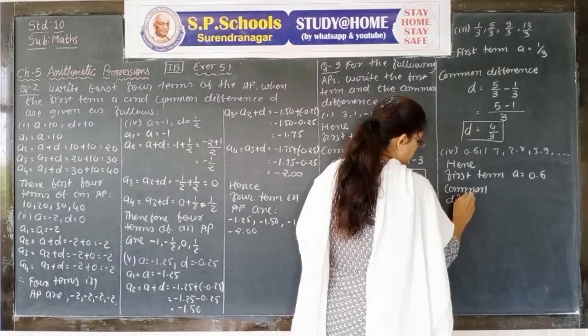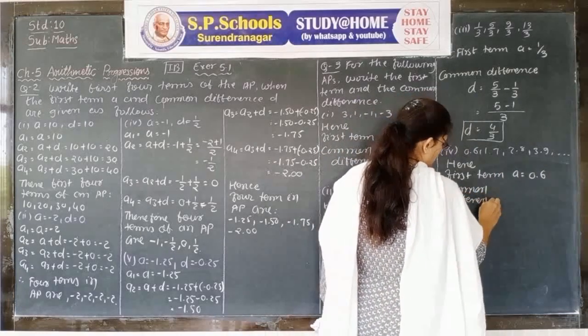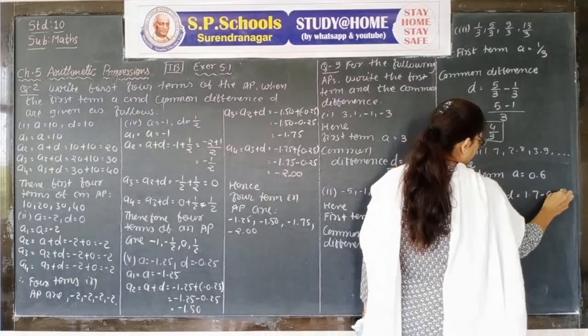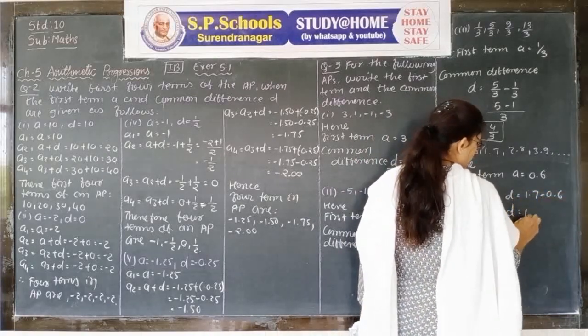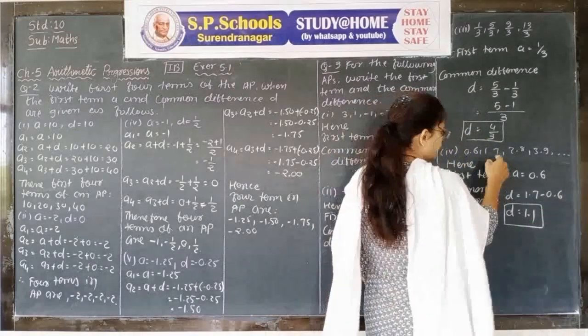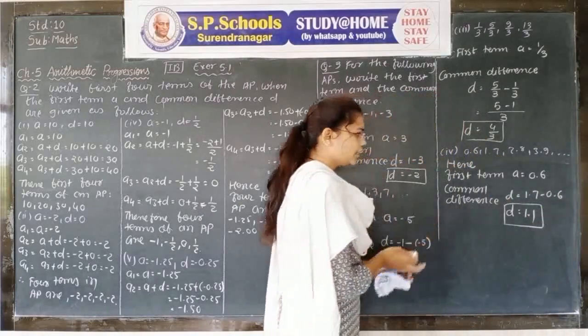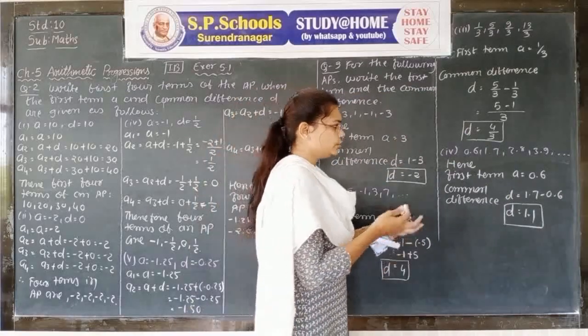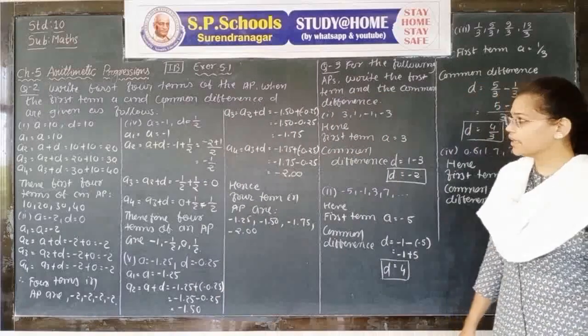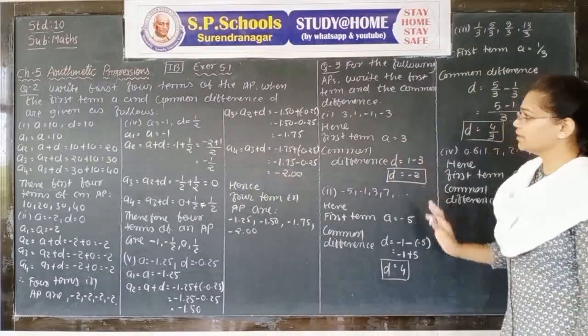Common difference D is equal to second term minus first term. That's why D is equal to 1.1. Whenever we add 1.1 to 1.7, we get 2.8, and 1.1 to 2.8, we get 3.9. Hence, here questions number 2 and 3 are completed.